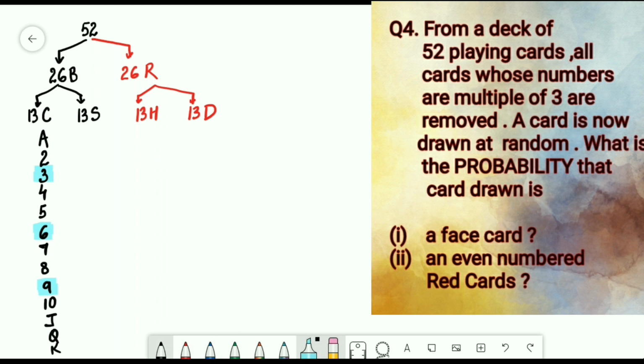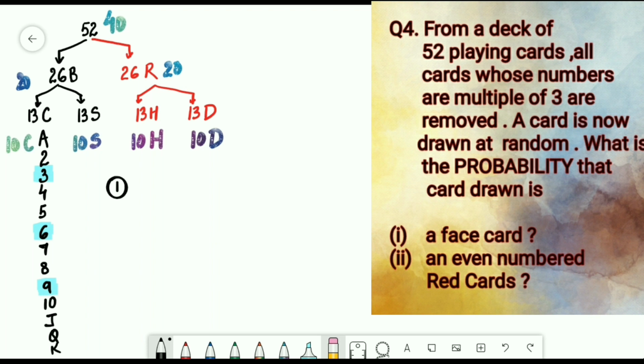Now in this case remaining cards are 10 cards of club, 10 cards of spade, 10 cards of heart and 10 cards of diamond, because we have removed 3 cards from all the suits, and in total we have only 20 black cards and 20 red cards. So from there we have 40 cards in total. Now let's start with the question.